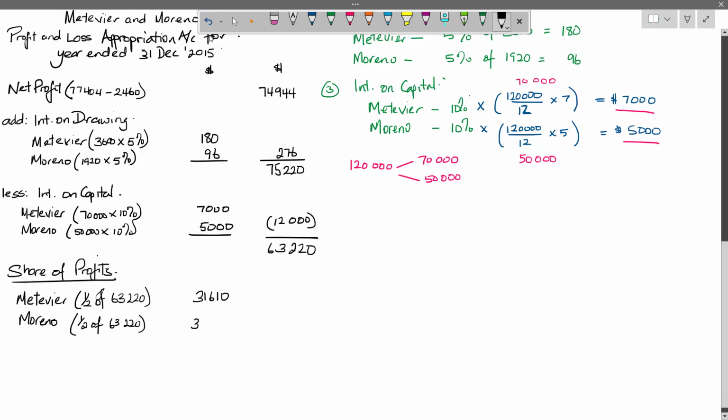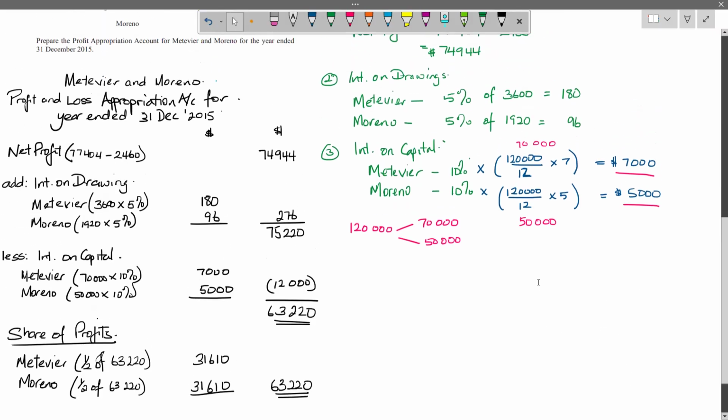We write it here in our second column and then carry across the total, which is 63,220, and we'll draw double lines. Okay. Yes, and this should be our profit and loss appropriation account for year ended 31st of December 2015.